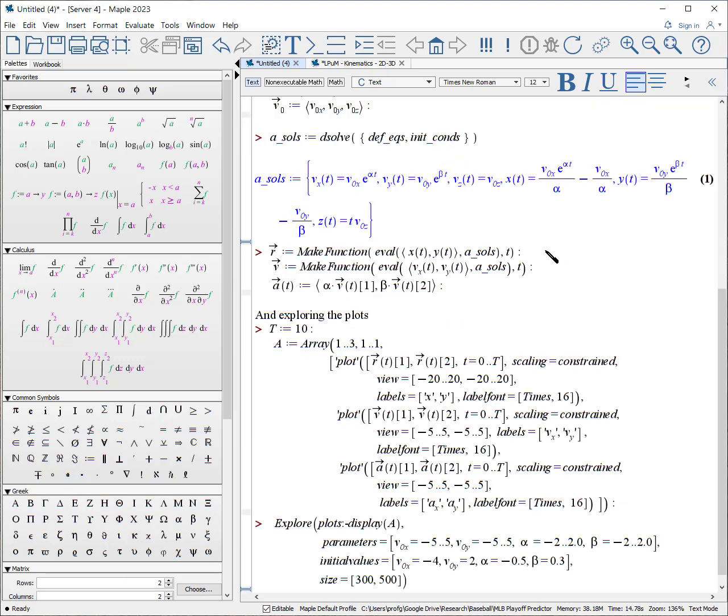And as before, we'll define our functions, and of course we have to be more specific now. This is what acceleration is in terms of its x component and y component in terms of v. We will make an array plot of position, velocity, and time, integrating from 0 to big T, and explore.